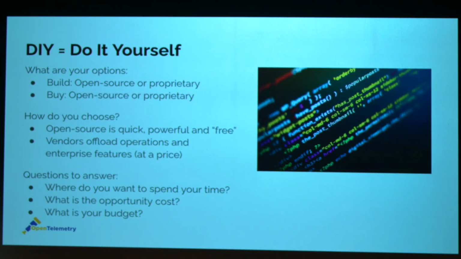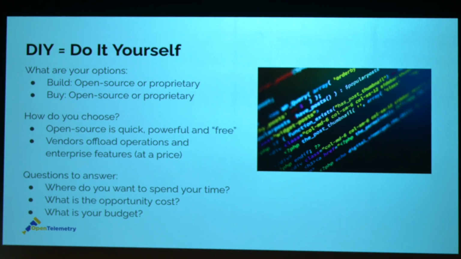Next, DIY, do it yourself. In this case, it's similar to the build versus buy conversation that was being had in the earlier talks. What do you want to do with the observability information? Do you want to build your own solution to store it and process it, or do you want to buy a solution? And for each of those, I think there's a couple different dimensions. You have open source projects that you can use off the shelf, or proprietary solutions.